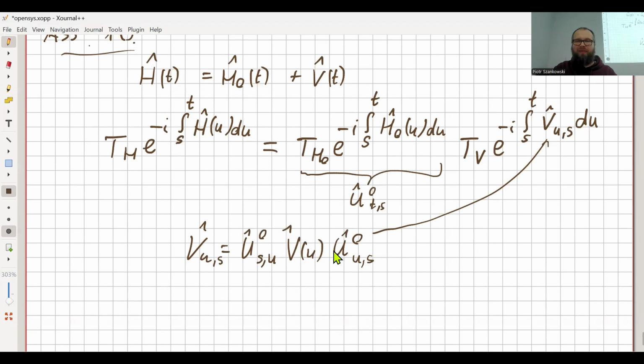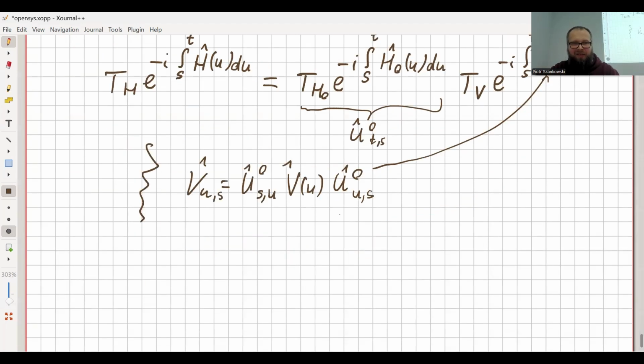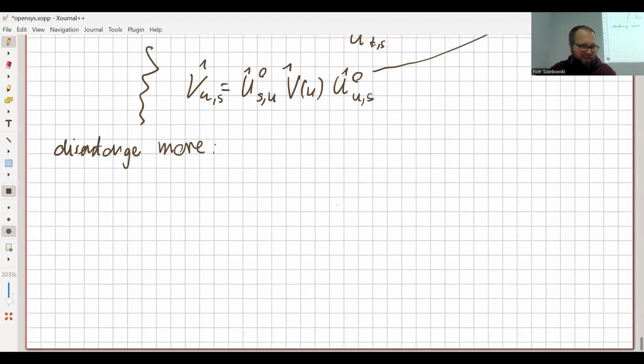But you can still push forward and keep to your zero reference frame, the initial reference frame. You can transform it further. You can disentangle it even more.